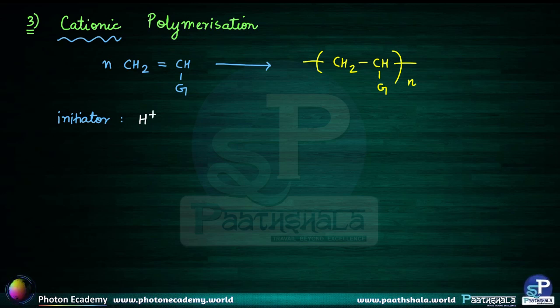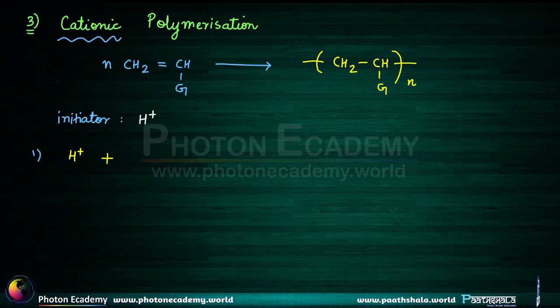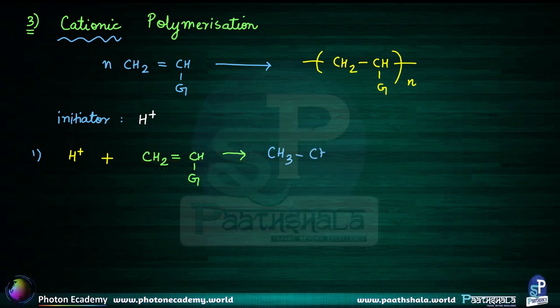So now, if we proceed with the reaction, the first step that we observe is that this H plus will be reacting with our monomer, that is CH2 double bond CH with a group G attached. When the reaction proceeds, we'll be seeing that H is attached to the CH2 and the positive charge is now on this particular CH with the group.